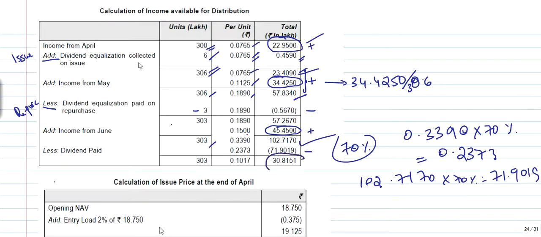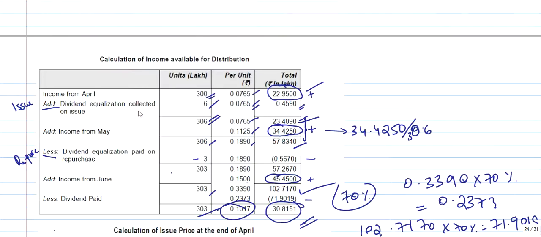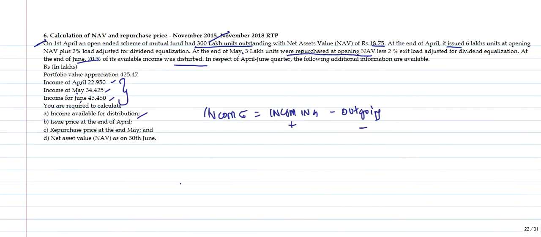You will get at the end 30.8151 lakhs divided by 303, 1.1017 per unit income. This is income available for distribution. This is question A, income available for distribution.